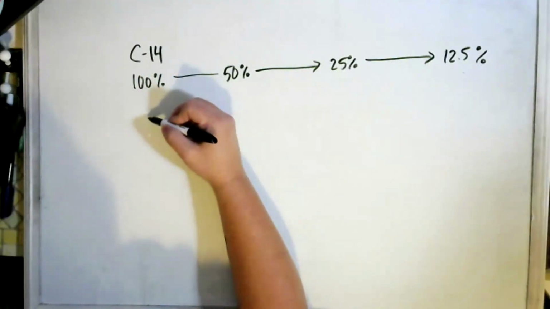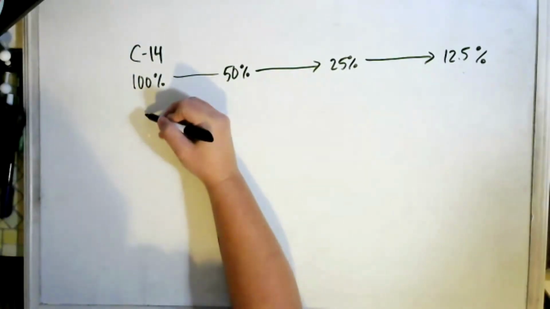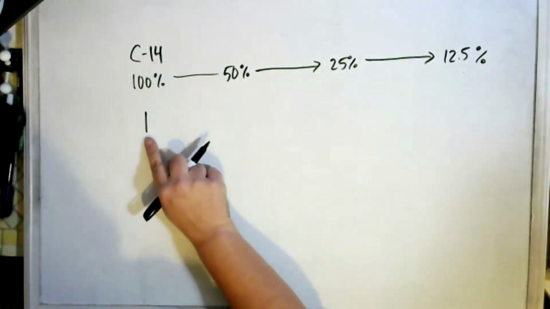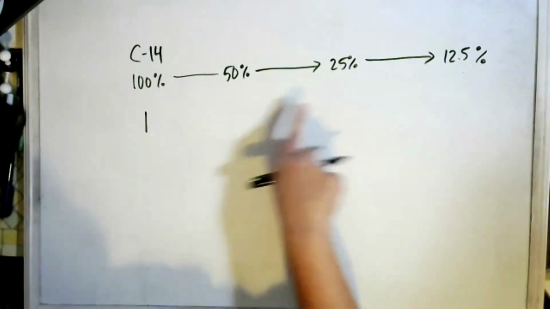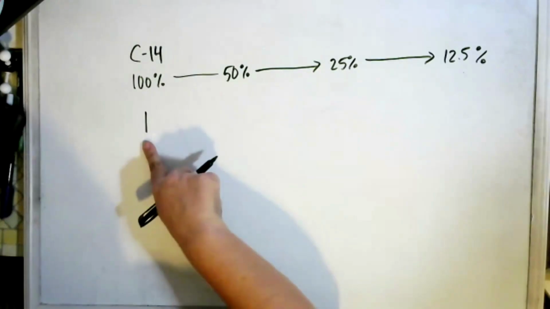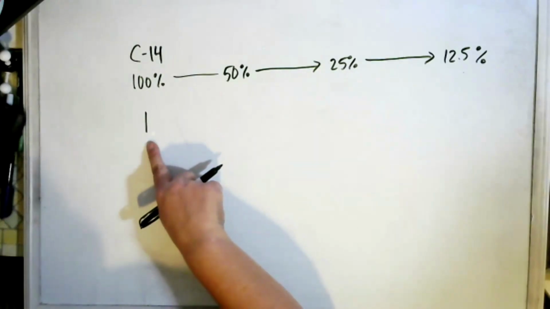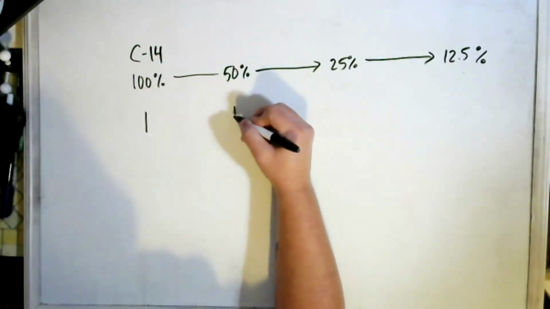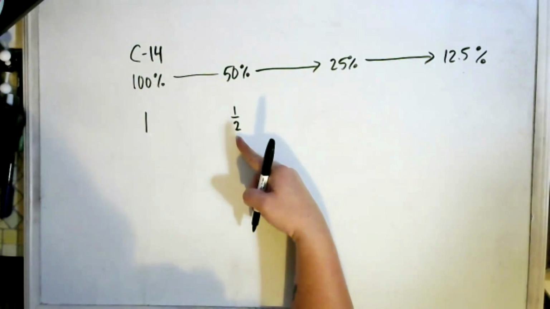So remember that if we're not talking percentage, if we're talking in fractions, we're starting out with a whole number, whole 1. And as we move through our half-lives, this whole number is going to turn into fractions. So half of 1, at our first half-life, we're going to have 1/2 of our material left.